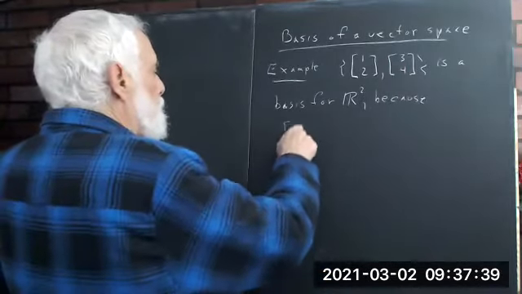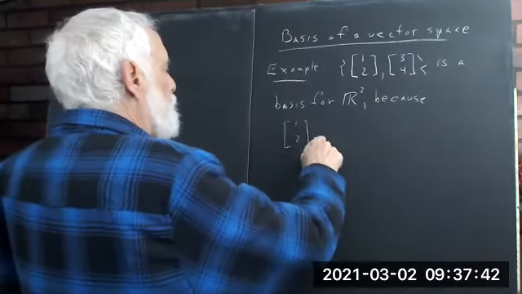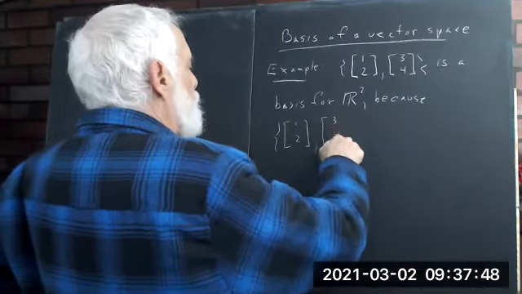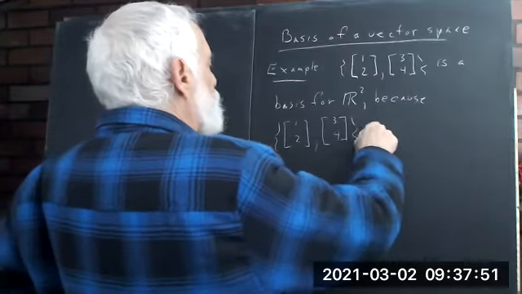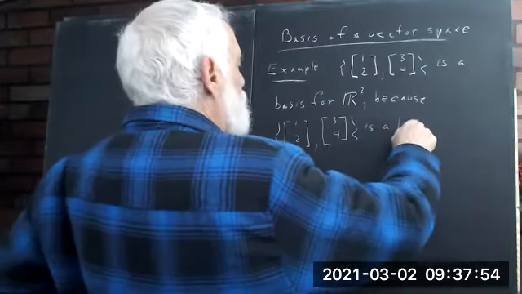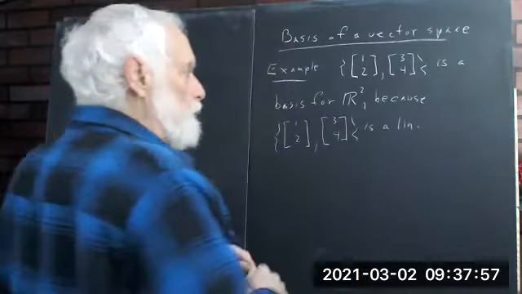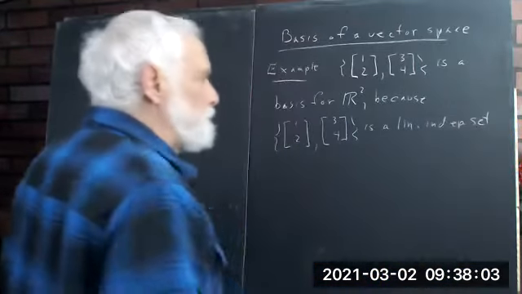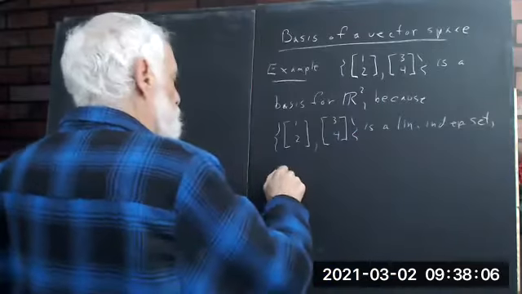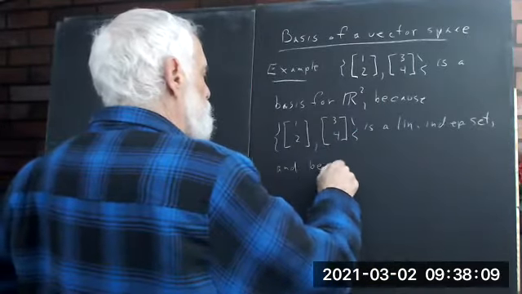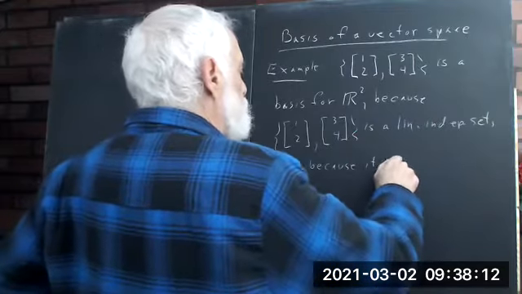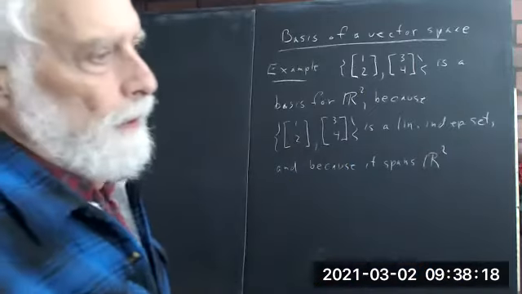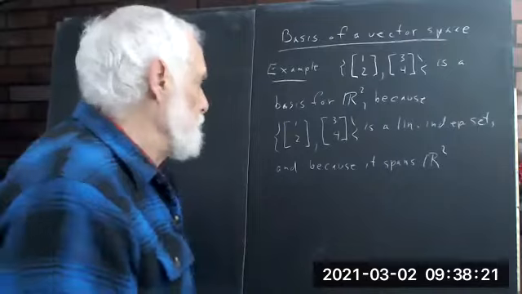Because this set is linearly independent, and because it spans R2. That's very easy to prove, that it's linearly independent.